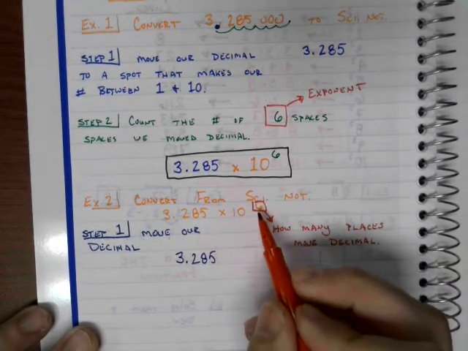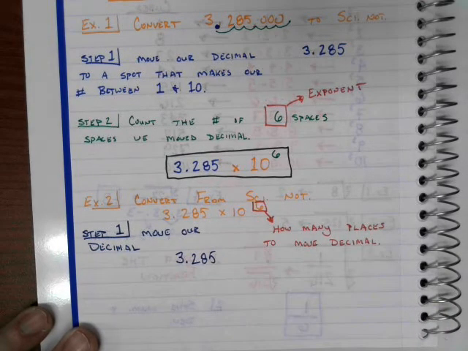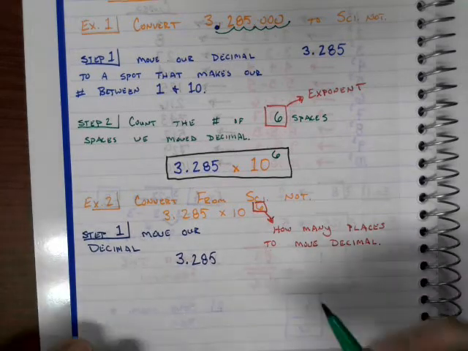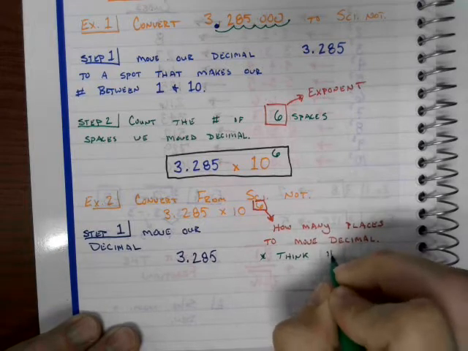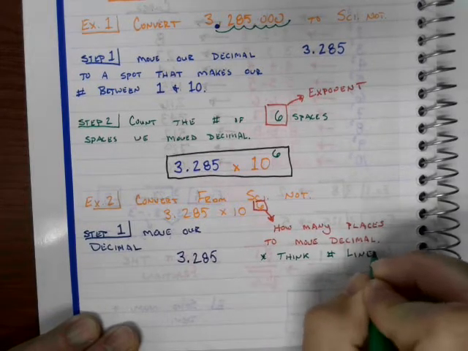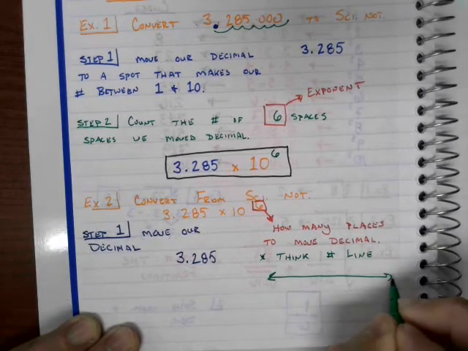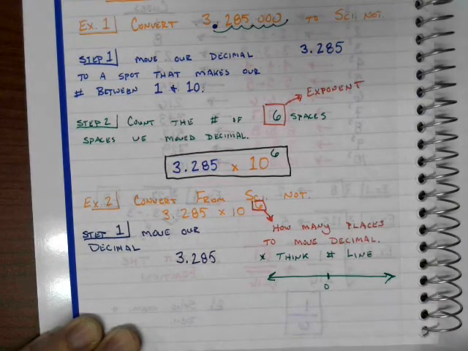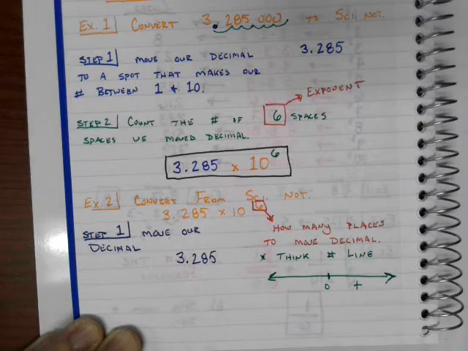It's a positive exponent. So when we move our decimal, you need to think about a number line. On a number line, which direction is positive? Well, positive numbers are to the right. Negative numbers are to the left, or smaller numbers.